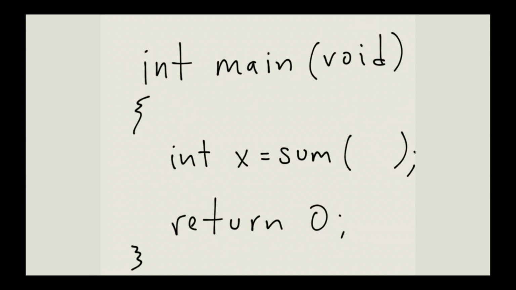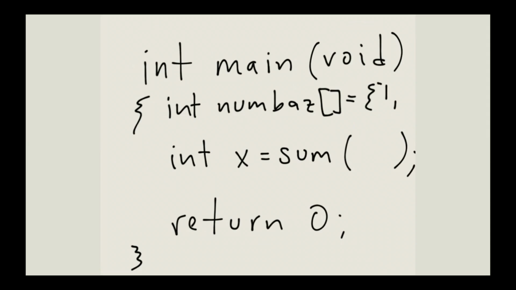So this is where, assuming I had an array of ints, we'll call it numbers, and I'd set it equal to 1, 2, 3.